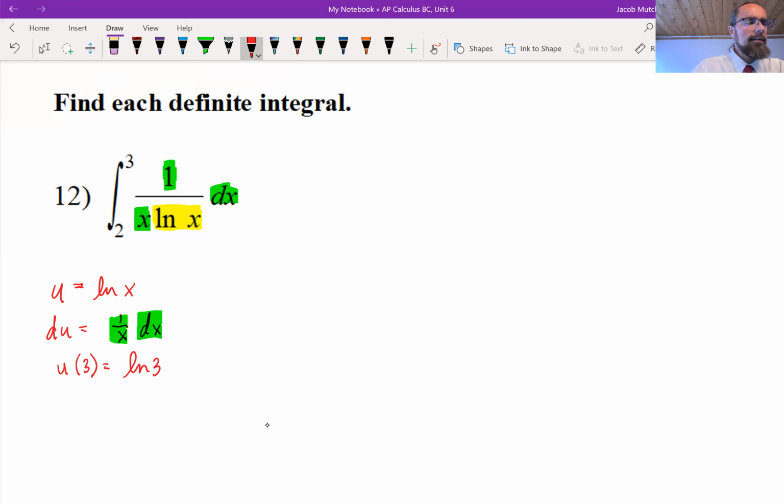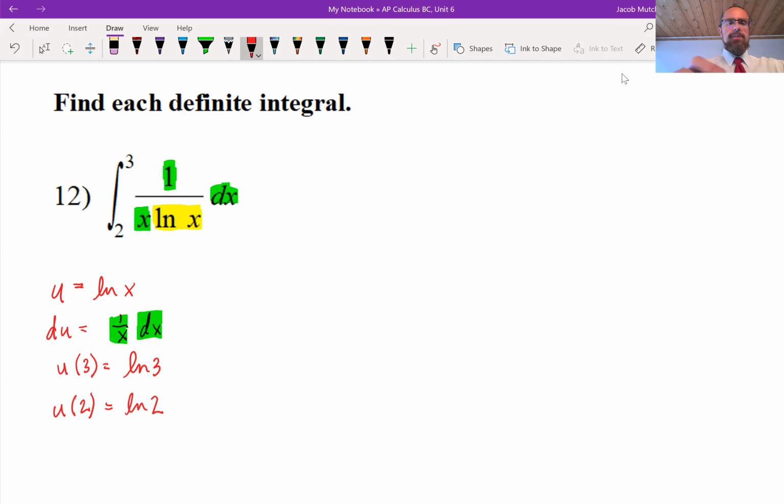And then u at 2, for our lower limit of integration, as I plug in 2 to my u function, that's going to give me a converted lower limit of natural log of 2.